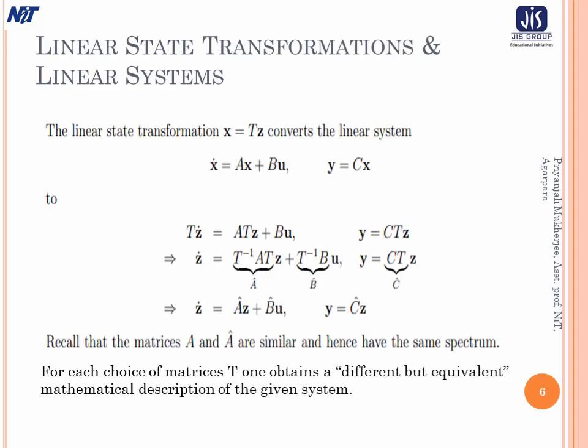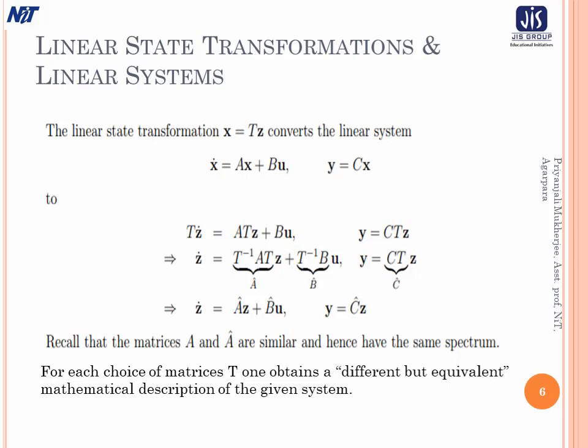First we consider the state transformation x equals Tz to convert the linear system. The system can be defined by a state model through the equations x dot equals Ax plus Bu and y equals Cx plus Du, and in most cases D may be 0.